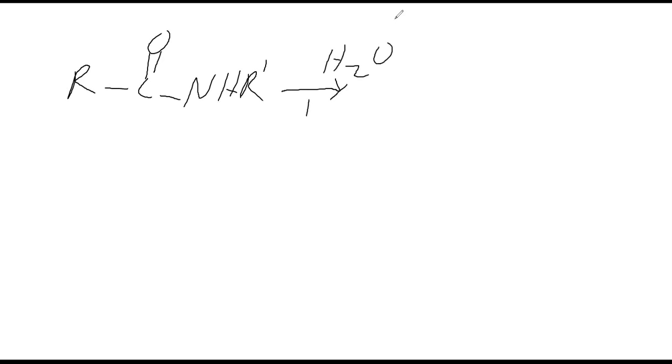Now let's look at some reactions. There's really not nearly as many for these guys, because once again, we get less and less reactive as we go down. If I have an amide, I react with water in the presence of acid or base, force this back to a carboxylic acid again and an amine.